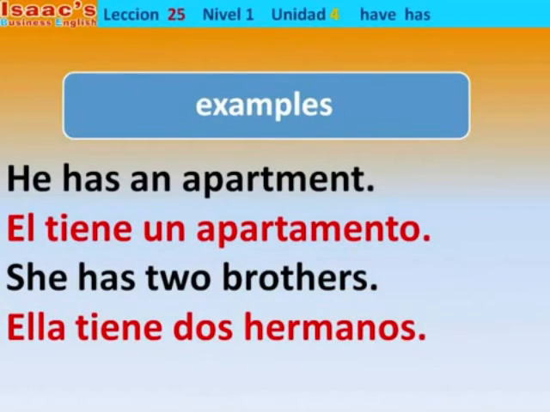Ahora veamos unos ejemplos. He has an apartment. Él tiene un apartamento. She has two brothers. Ella tiene dos hermanos.